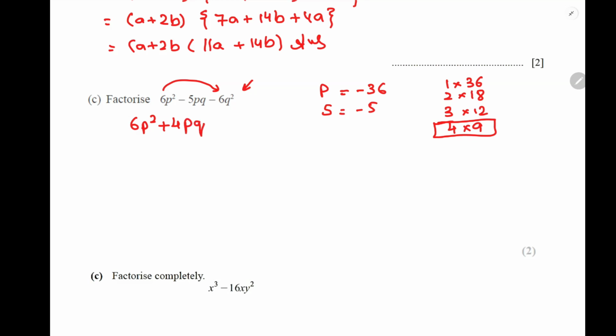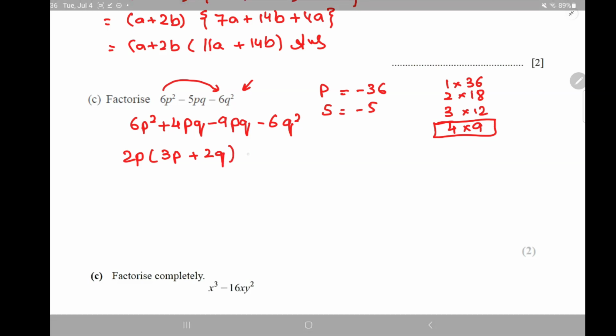So I'm going with positive 4pq, -9pq, -6q squared. Now I need to go for the common. 2p would be common from the first two, leaving 3p plus 2q.